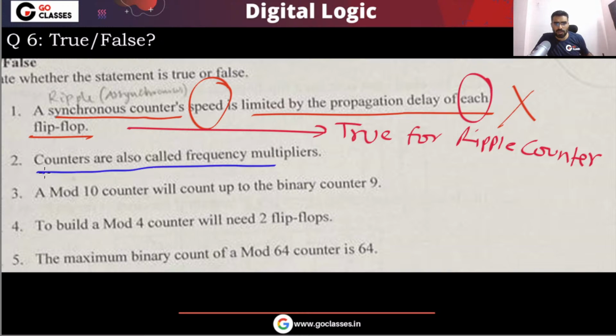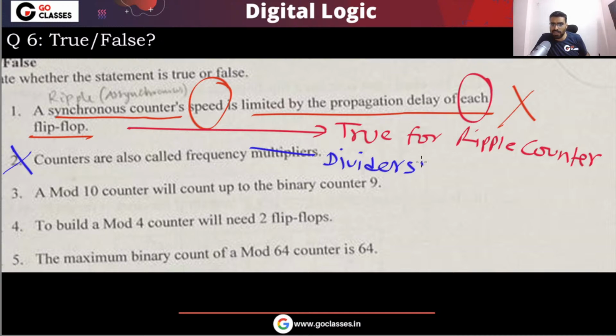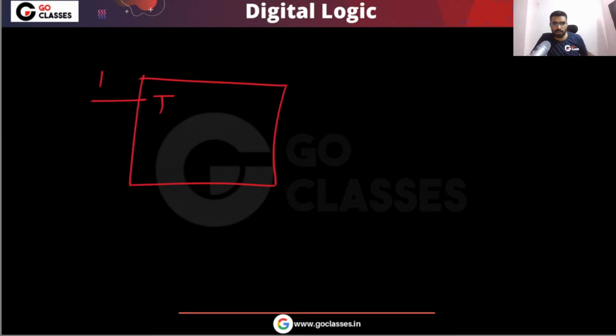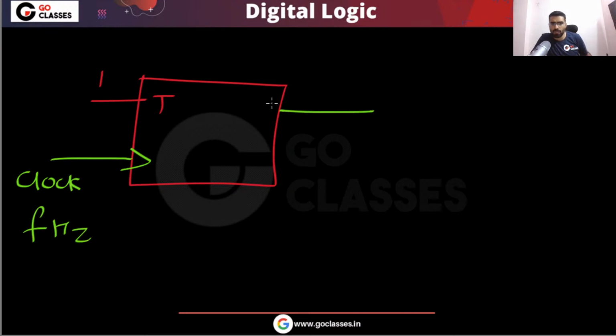Counters are also called frequency multipliers. No, they are called frequency dividers. For example, if you have a T flip-flop with T equal to 1, then you can clearly see that if your clock has f hertz frequency, the output will have an f by 2 hertz square wave.